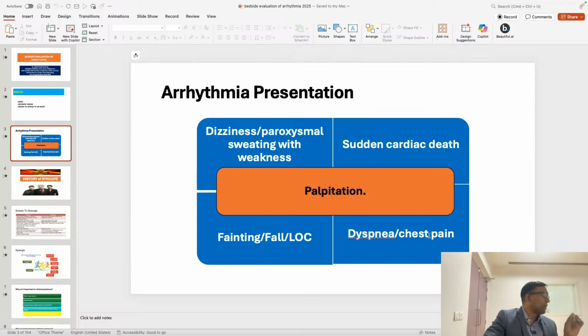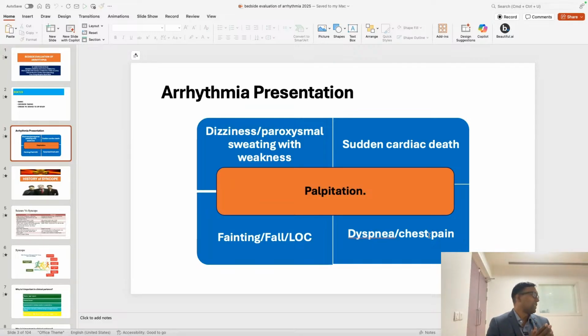Sometimes the patient will say that all of a sudden a lot of sweating has happened, and weakness, and after that for half an hour I was feeling somewhat dizzy also, but later on I recovered. I was having no complaints. So dizziness is paired with sweating. Whenever sweating is happening, it means some autonomic abnormality is happening.